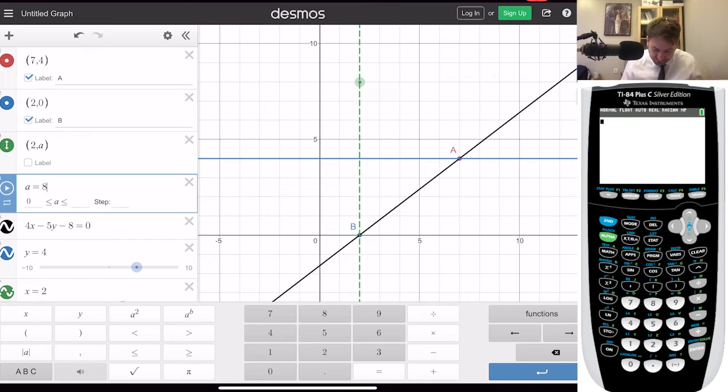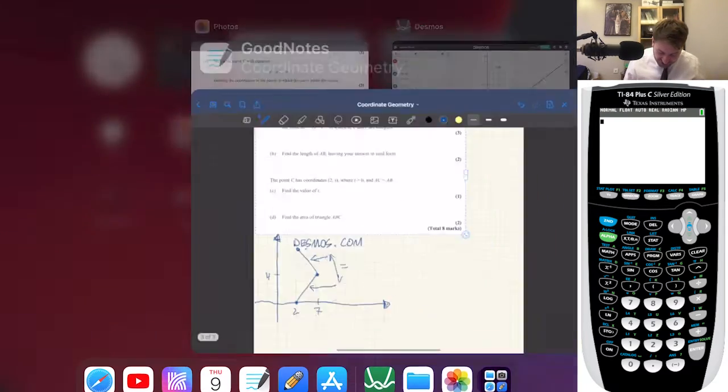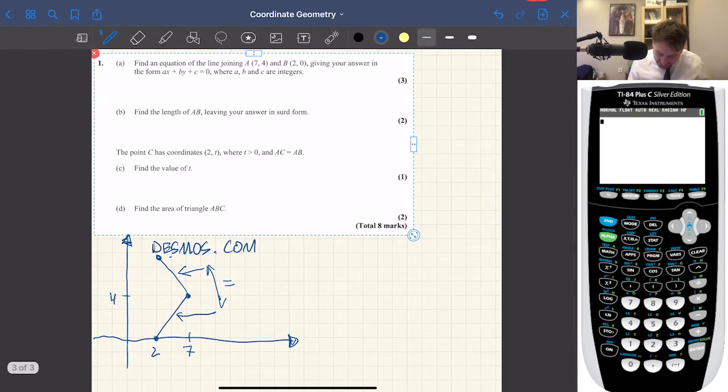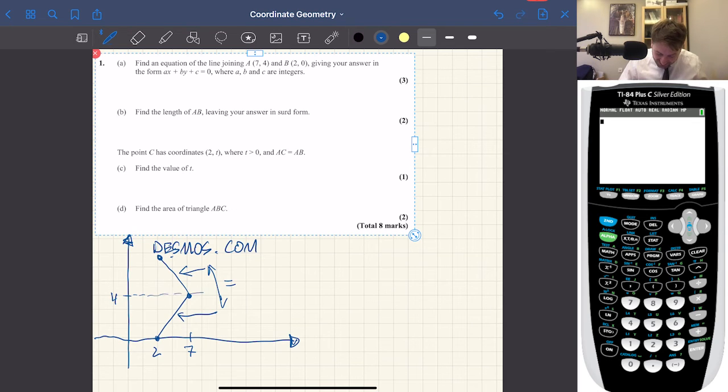To demonstrate, that distance is 4 units because it goes from 0 to 4. This line has to also be 4, and 4 plus 4 gives us this coordinate 8. Therefore, point C is 2, 8.